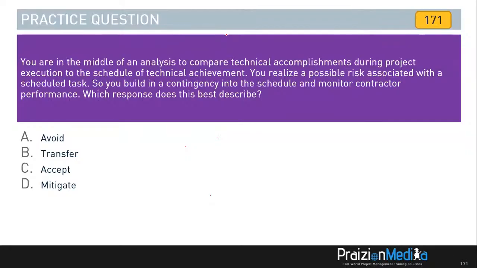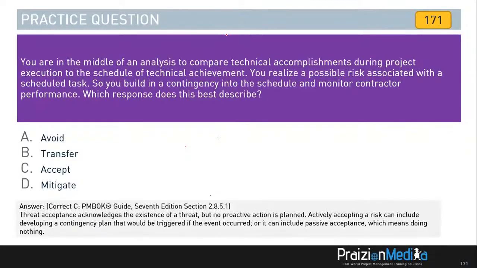So this, again, you can find in the PMBOK Guide 7th edition this time, under 2.8.5.1, that whole narrative about accept. And it says, actively accepting a risk can include developing a contingency plan that would be triggered if the event occurred. So this is more of the accept clause than anything else.